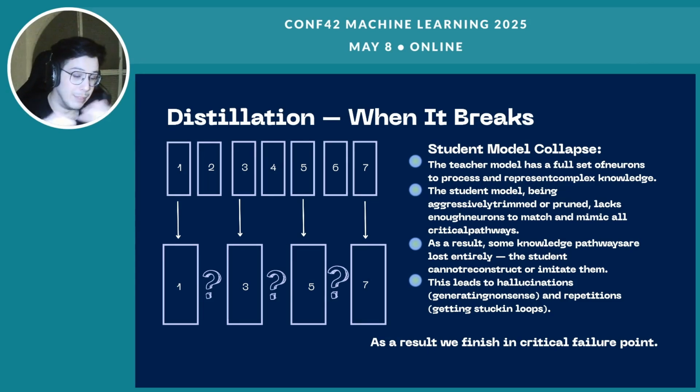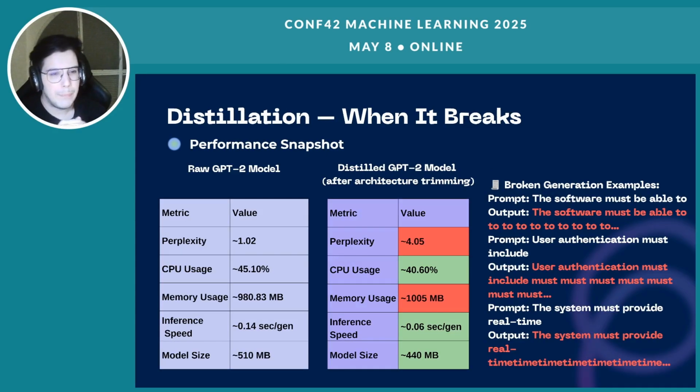As a result, we end up at a critical failure point, and there's nothing we can do with distillation, and we need to drop it. As you may see with the performance snapshot for distillation, the output is straight up non-usable. With perplexity values of 4, as you may see by the output, it's not usable. So yeah, we just skip it altogether.